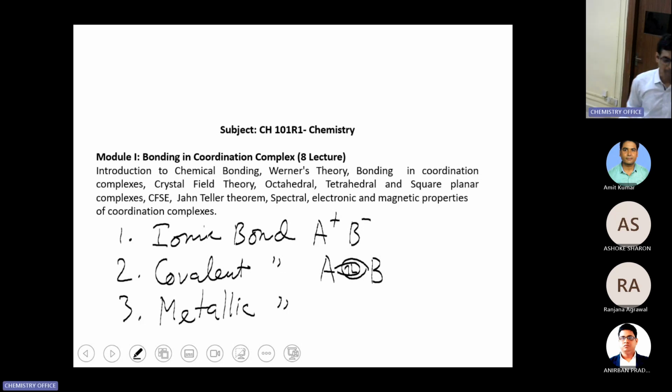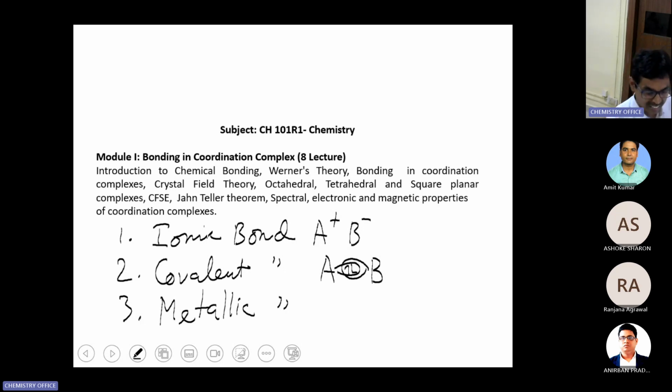And thirdly, the metallic bond is a little bit different. In the ionic bond, one component was electropositive, another was electronegative. In the covalent bond, both of them are electronegative, as they share their electrons through orbital overlap.